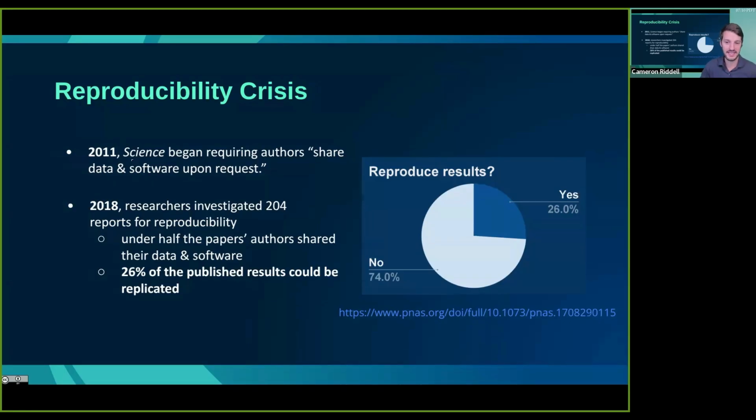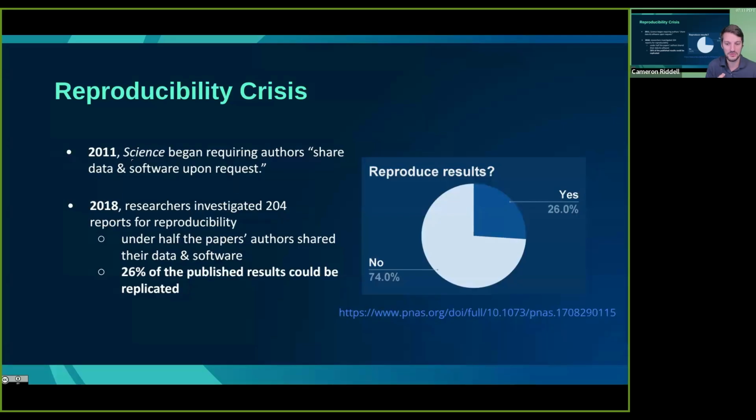And what they found is that under half of the papers' authors actually shared their data and software, meaning that they reached out to the original authors and they said, hey, can we have access to your data and software? You said by publishing in Science, you agreed that you would share this information upon request. And under half of those authors actually shared their data and software.